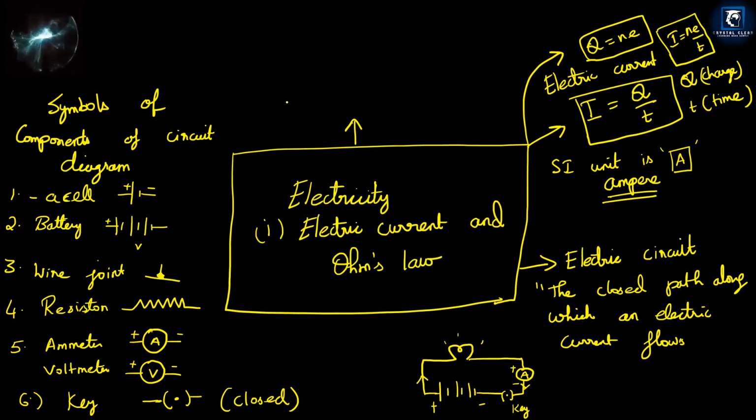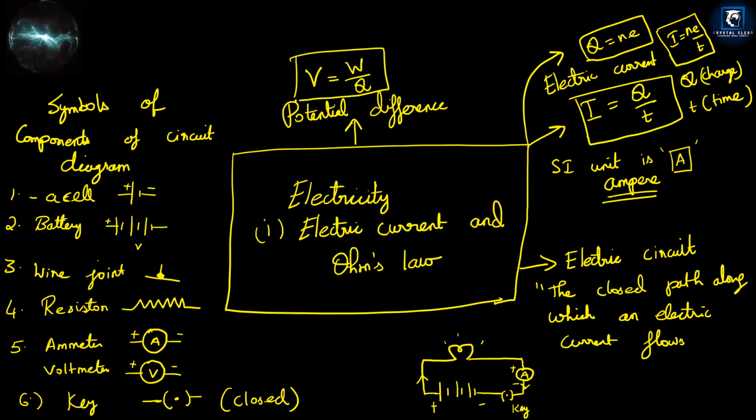Next, potential difference. This potential difference is denoted by the letter V, which is nothing but W by Q. What is W? I'll just say the definition of potential difference. Make a note: the work done to move a unit charge from one point to another. So easy to remember. Like how I said, rate of flow of charge.